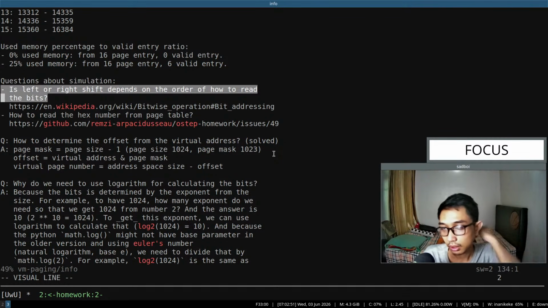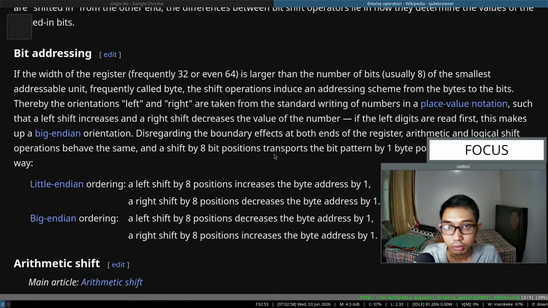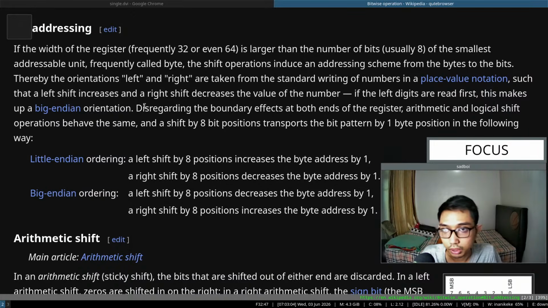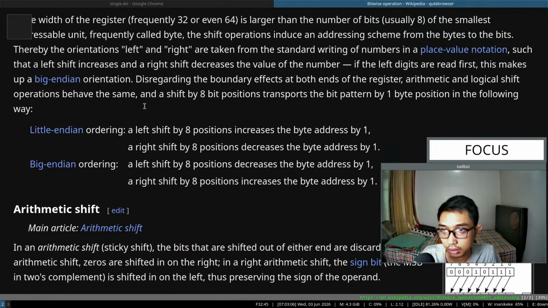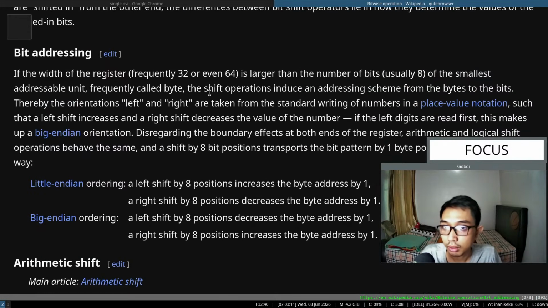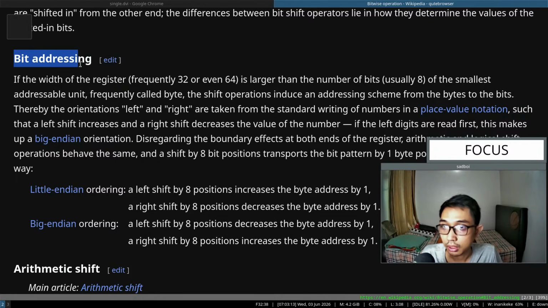Whether it is a left or right shift depends on the order of how to read the bits. I'm not sure if we can call the endian here how to read the bits. Okay, let me read this first.